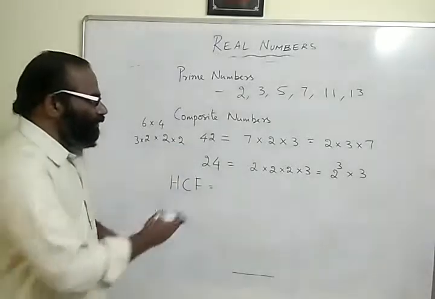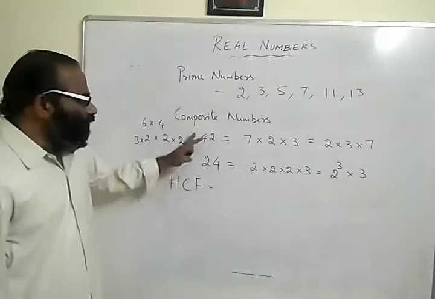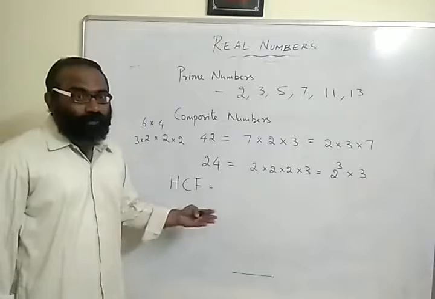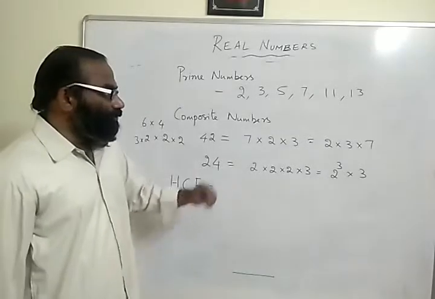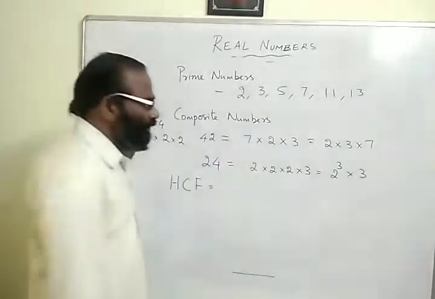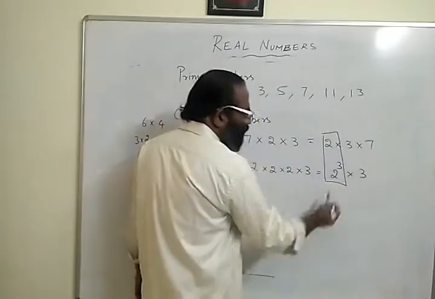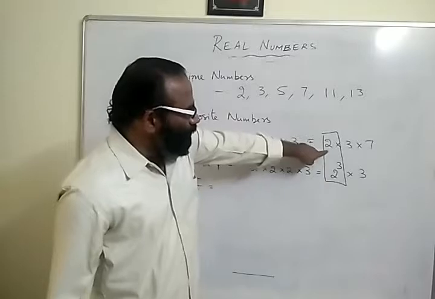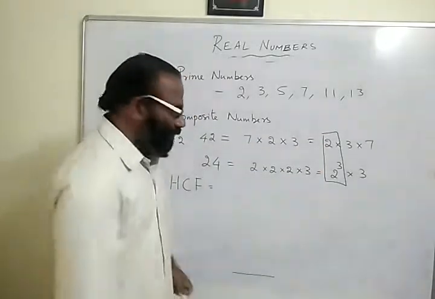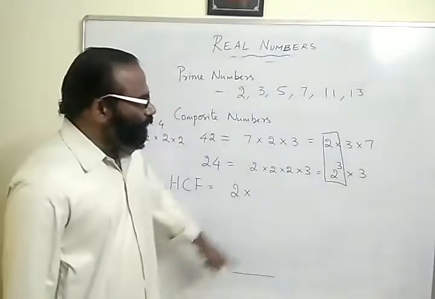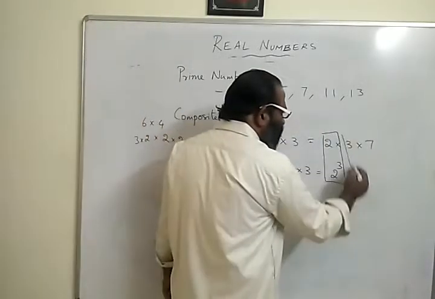So let us see here, how do I find the HCF of 42 and 24? These are things we have studied in much lower classes, but let's just jog our memory. So 2 is a common one here. What we should take is the 2 with the lower power. So 2 into, then we have 3 which is common.